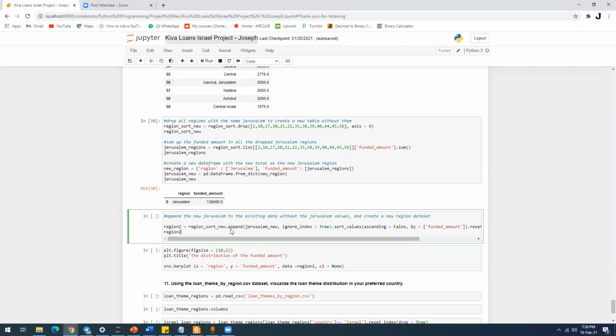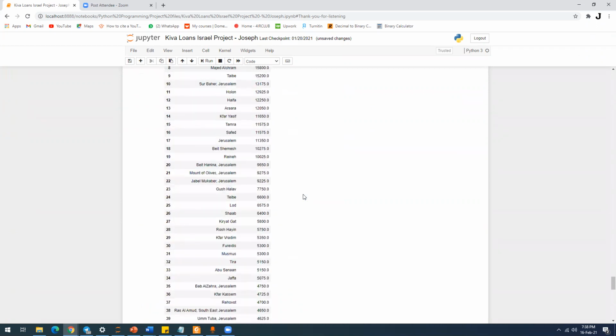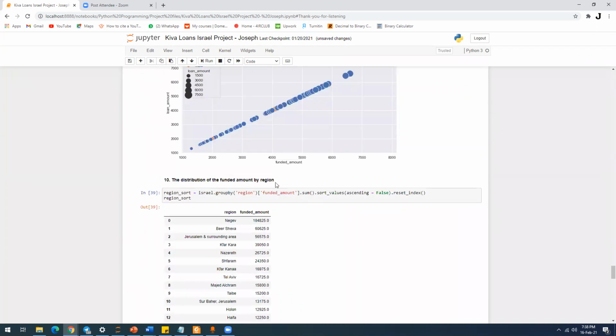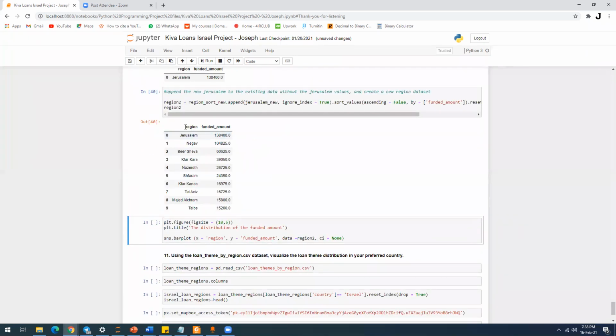Okay, so from this is what I could get. And now this is the new table with the Jerusalem. Here, you can see 138,400. The question was asking the distribution of the funded amount by region.